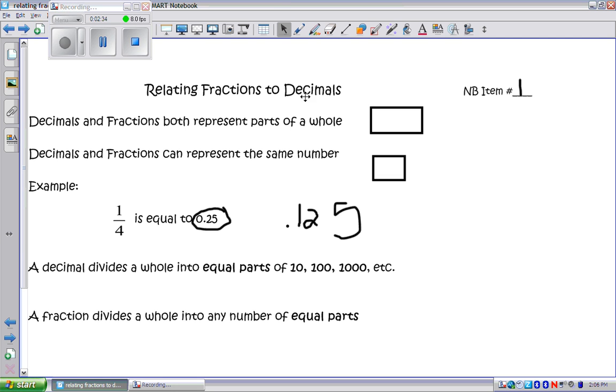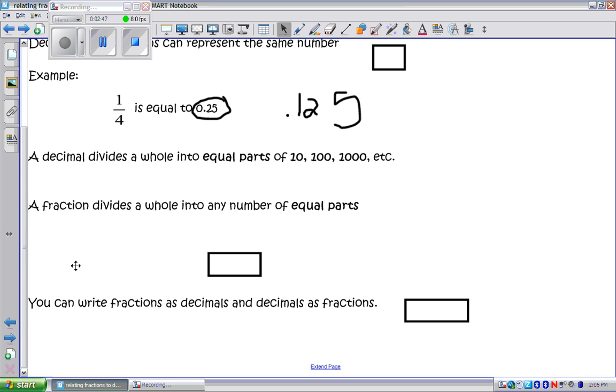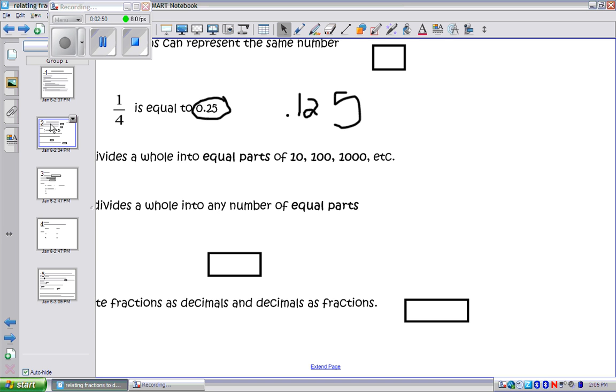Decimals differ a little from fractions in that a fraction divides a whole into any number of equal parts. The point of this notebook item is that you can write fractions as decimals and decimals as fractions. Let's get to it.